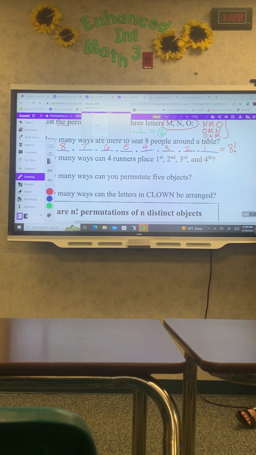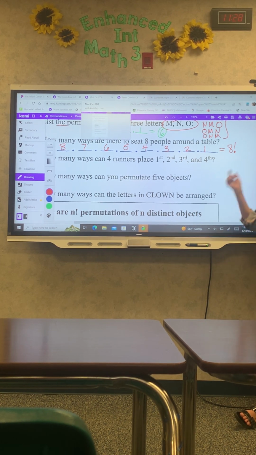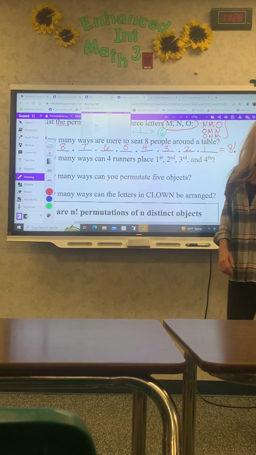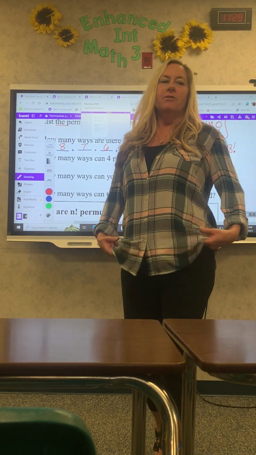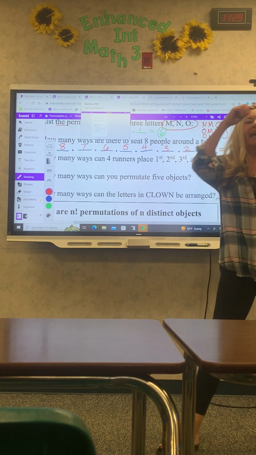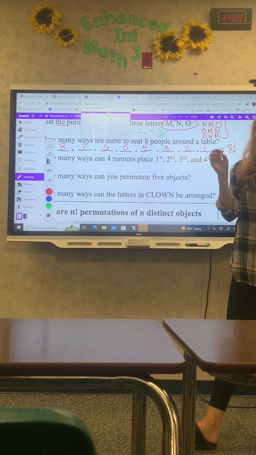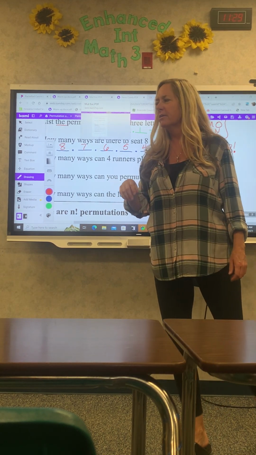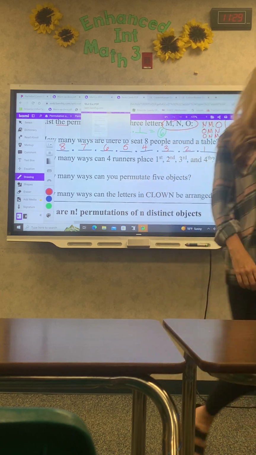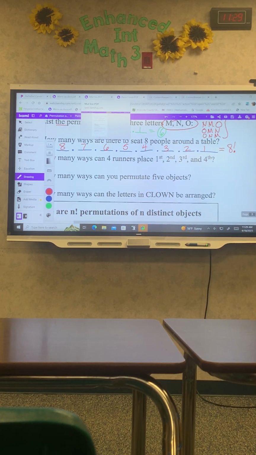You remember using it for the binomial theorem? We did it first semester. Guess what? You guys have a factorial button on your calculators, so get out your calculators. On the school calculators, I think it's under the 9 key, is that right? Oh, no, it's not.